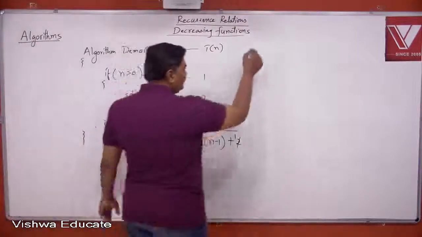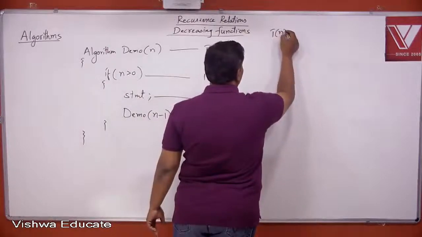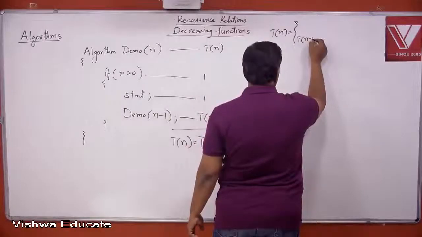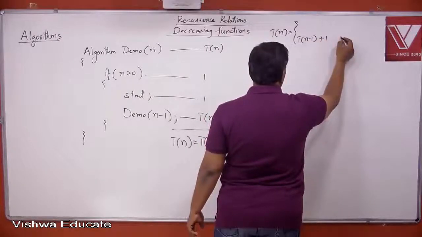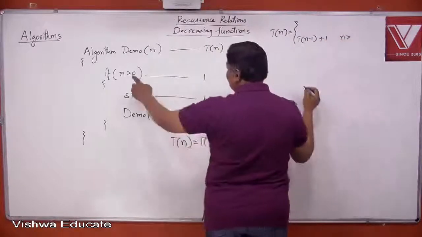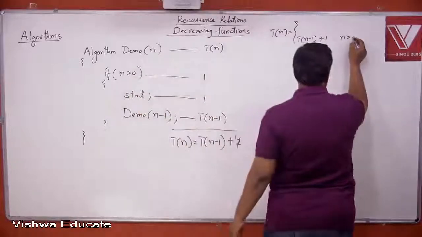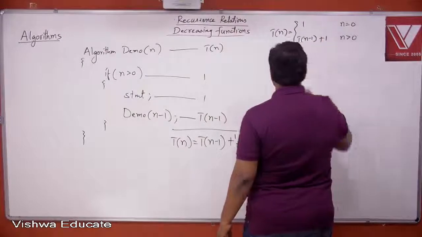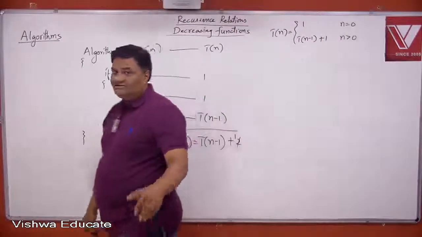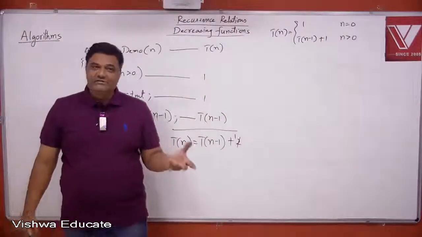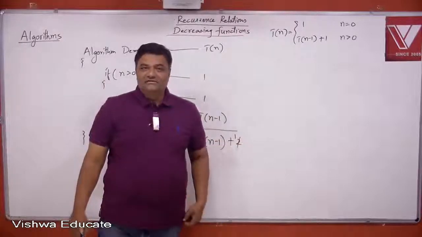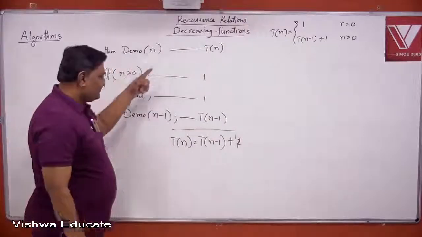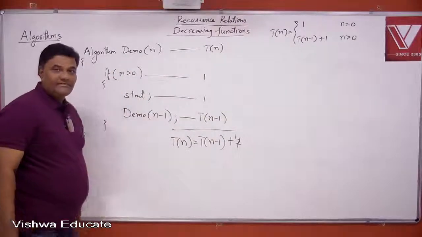Then the recurrence relation: Tn is equal to Tn minus 1 plus 1 for n greater than 0. If n is equal to 0, then there is nothing, it's not doing anything, so don't say 0, say constant. That is the recurrence relation for this algorithm.